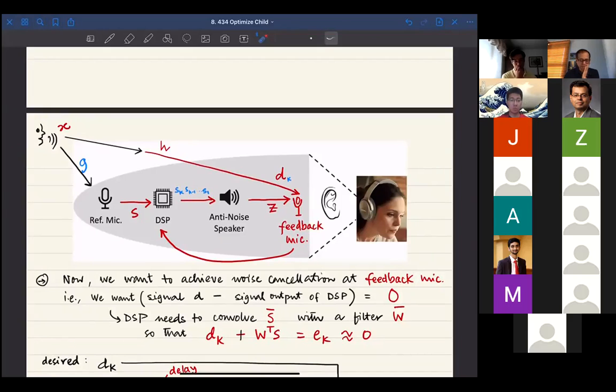My question to you is, this W star that I have figured out from the adaptive filter, should this W star constantly change because dk is constantly changing and even Sk is constantly changing? I think you only need to change, it's not based on the signal, but based on the channel. So basically if the person moves. Correct. Absolutely correct.